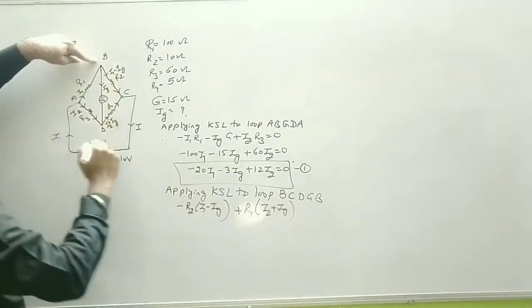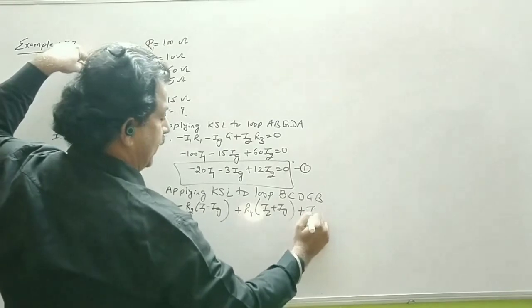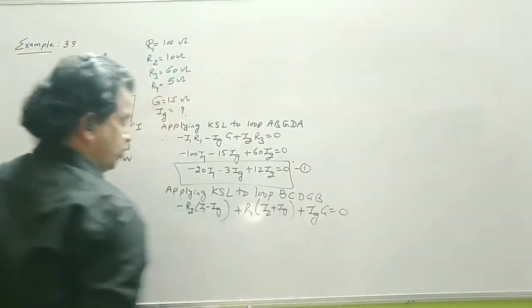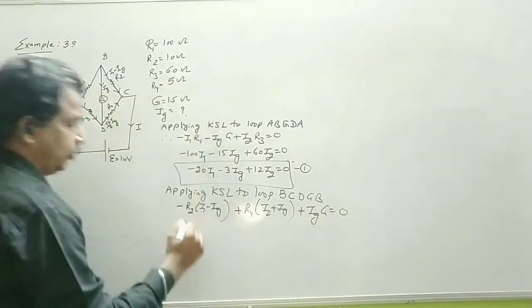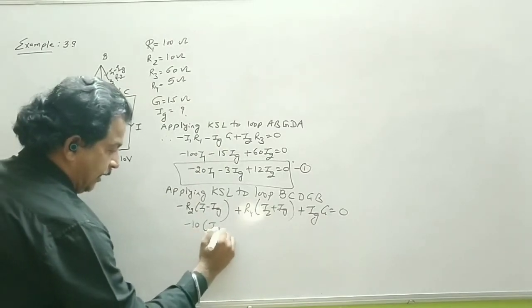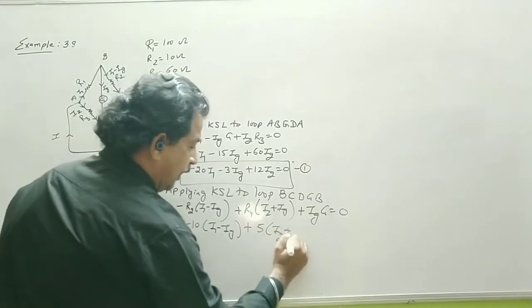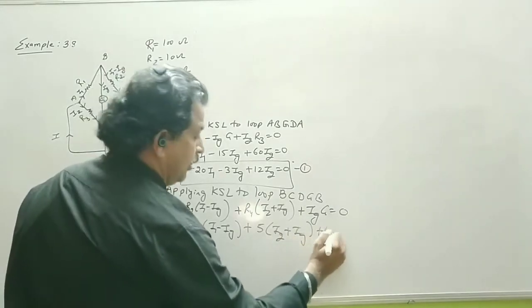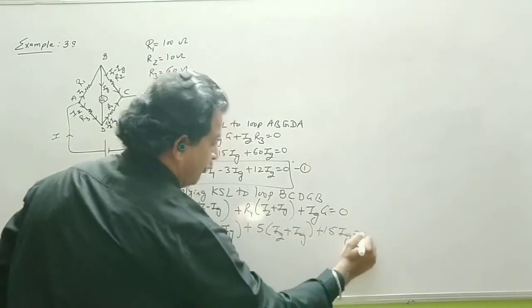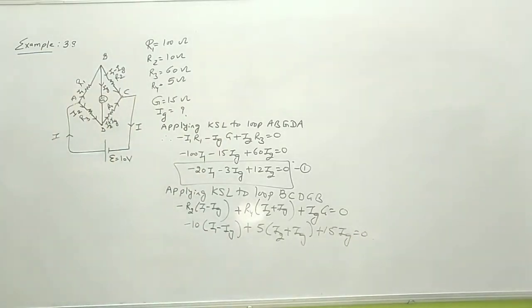Again the current is coming opposite, plus IG times G is equal to 0. Substituting the values: R2 is 10, so minus 10 times I1 minus IG, plus R4, which is 5, times I2 plus IG, plus G, that is 15 IG, is equal to 0.